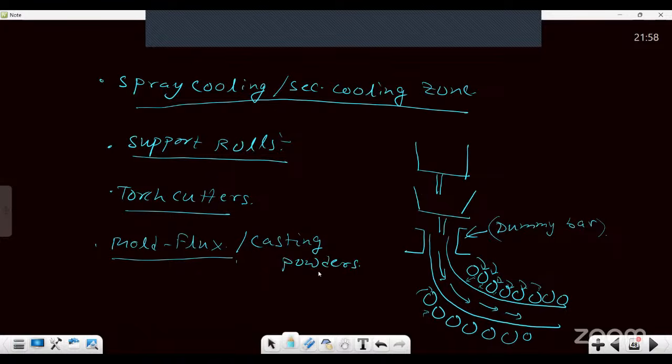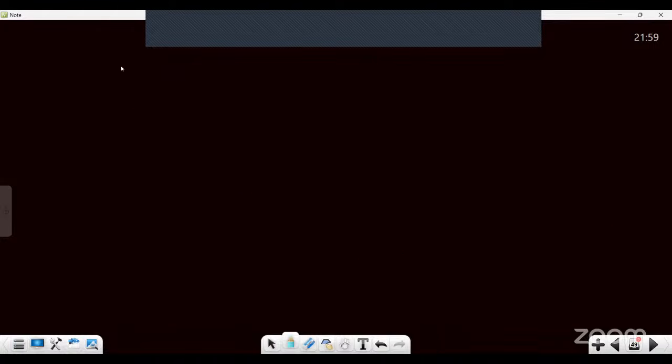These are applied on top of the meniscus because they help in lubrication between mold wall and steel. And it reduces heat flux variations also. So there are many properties of this mold flux. Let us see some of the important ones.